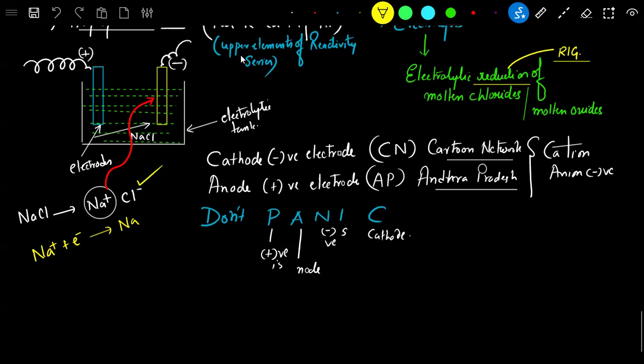The chlorine will bubble out from the cathode, sorry, anode, which is the positive one, and the sodium will be produced at the cathode.